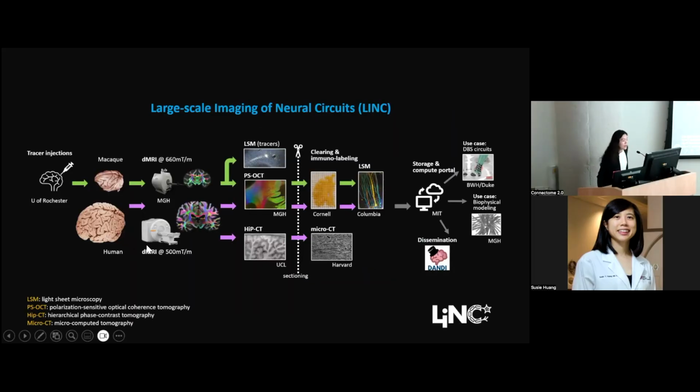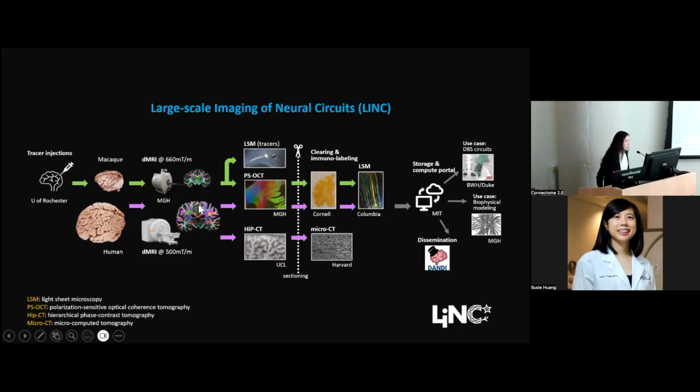So we collect this data as part of the large-scale imaging of neural circuits project. In Anastasia's previous talk, you've heard about this project. The LINK project involves diffusion MRI data collection and also multiple optical and X-ray microscopies on the same specimen.